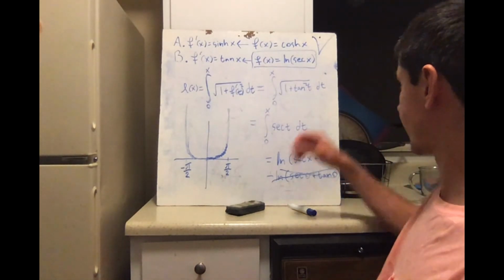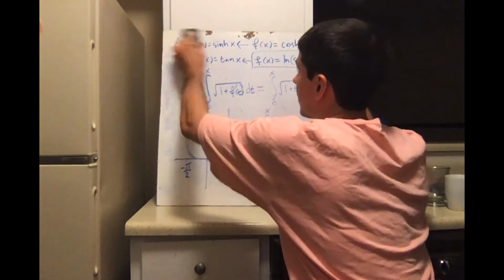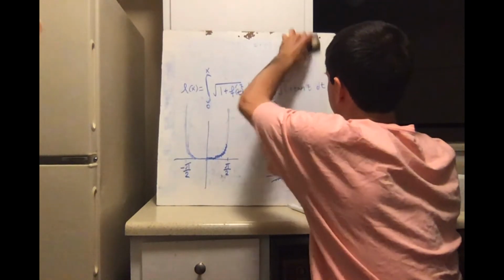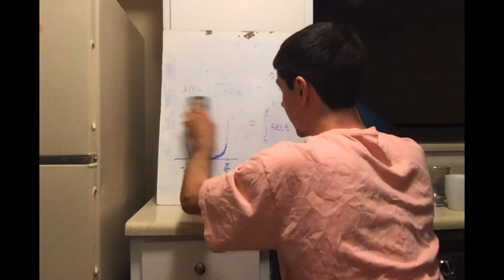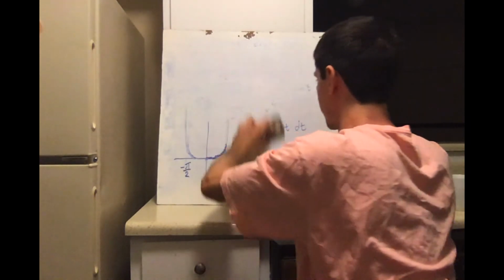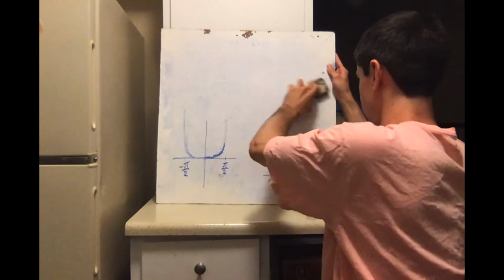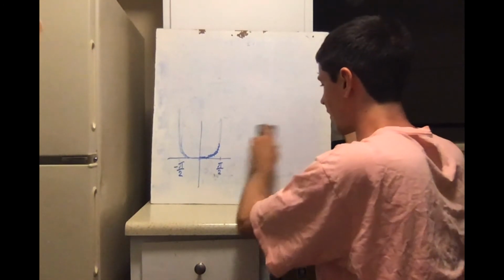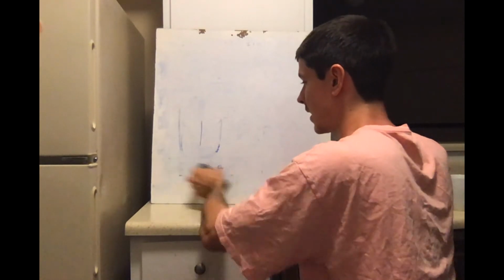And so another place where you can find the arc length, but it is a little more complicated, not too much more complicated, is the case of a parabola.